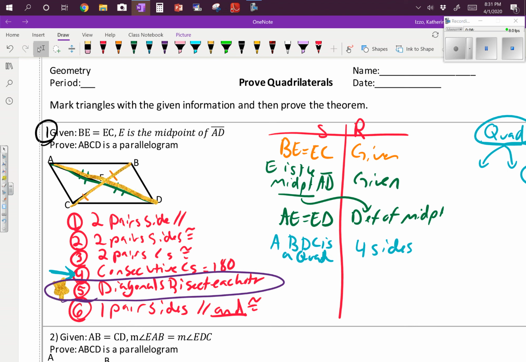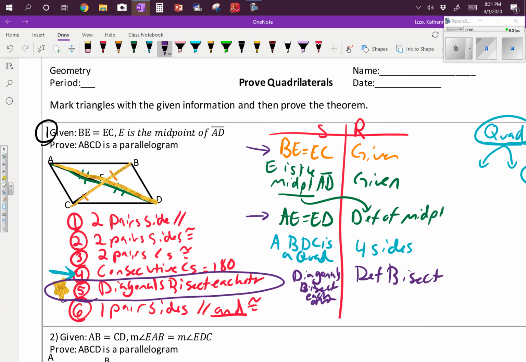This one is definitely the easiest because we can say, okay, we've got this guy here and this guy here, which means diagonals bisect each other. And that's definition of bisection.